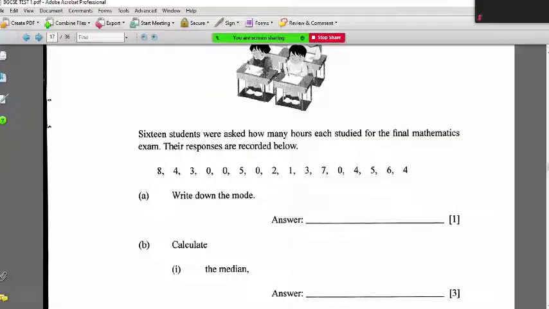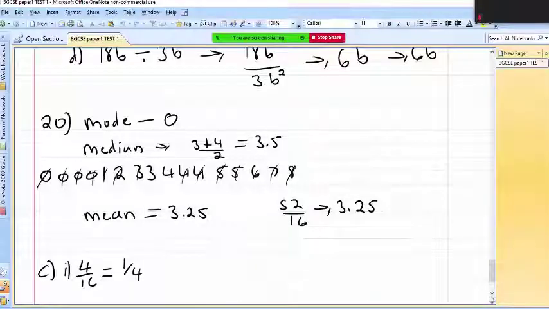Then you have 1, 1, and you just write down all the numbers in order. That's the first thing you do. Then you ask yourself, which occurs the most? Well, we have 3 4s, 2 3s, 1 2, 1 1. We have 4 zeros, so 0 occurs the most.